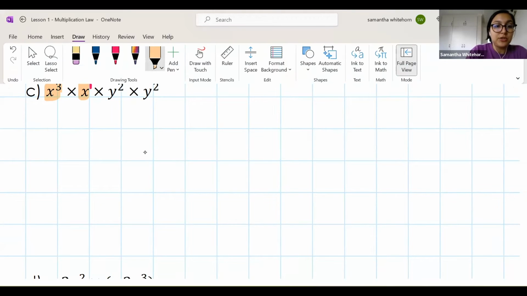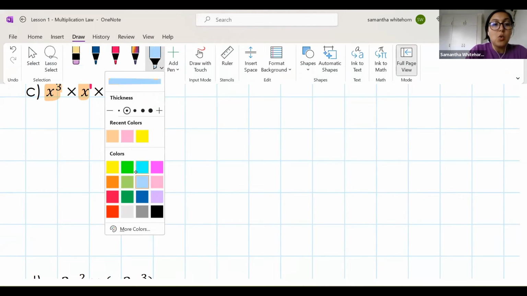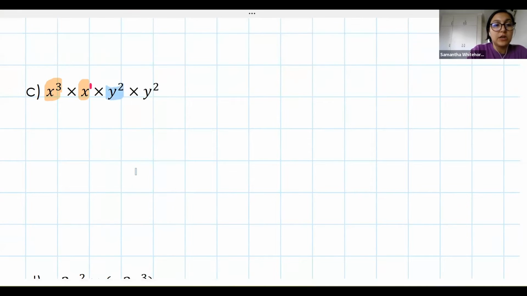Completely separate to that, but still in the same sum, we have also got the base y. So we've got a y squared times a y squared. And we did actually do an example of this right at the start of the lesson. So I want you guys to try and simplify for me: x cubed times x times y squared times y squared. Now remember, you can only add exponents when the bases are the same.